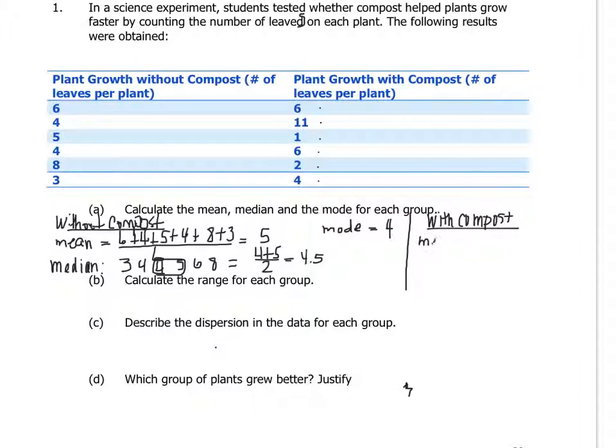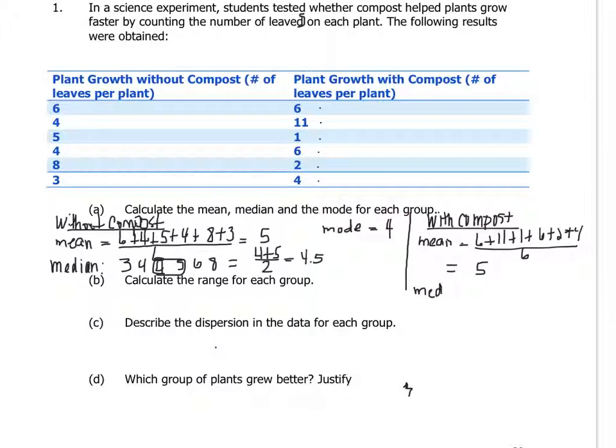And with compost, we have the mean would equal 6 plus 11 plus 1 plus 6 plus 2 plus 4, all divided by, again, 6, and that would equal 17, 18, 24, 26, and 4 would be 30 divided by 6, which is also 5.